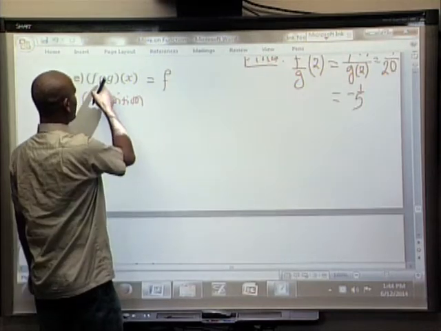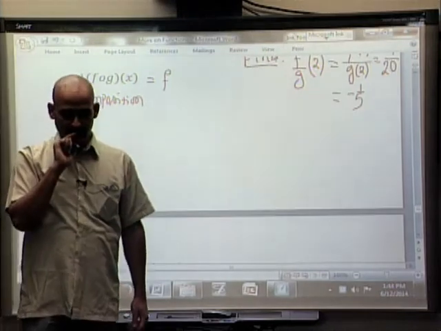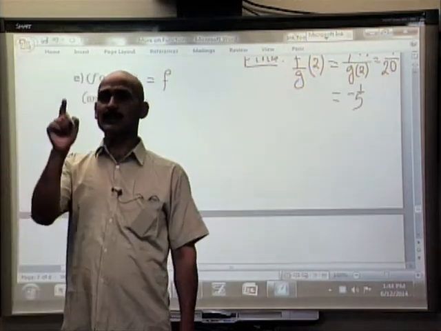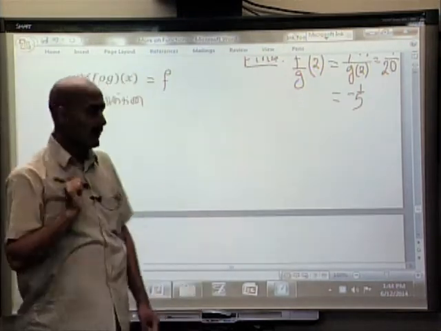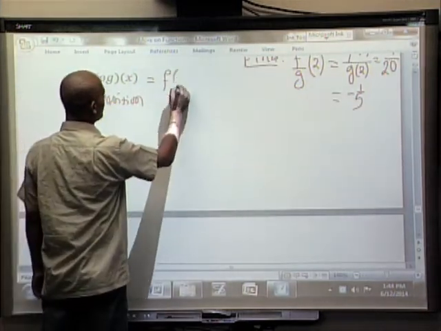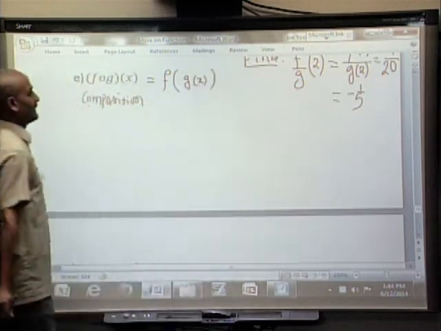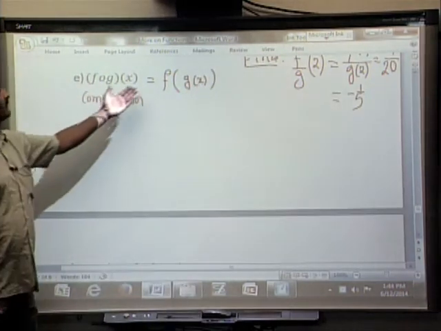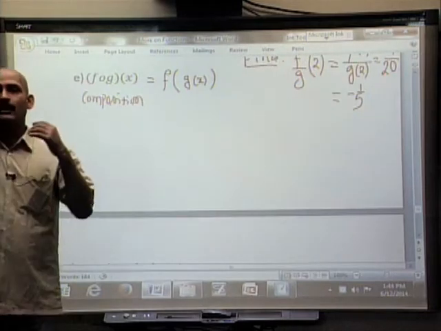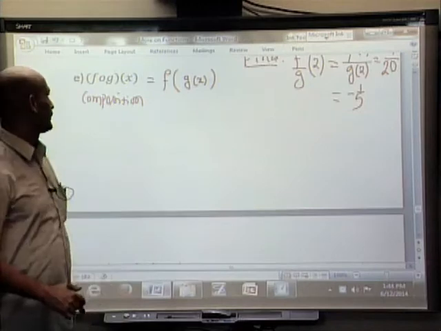Take f, and replace the o, the symbol for composition, which is a little o, by parentheses, and put g of x inside. This is the formula we apply to calculate the composition of two functions.